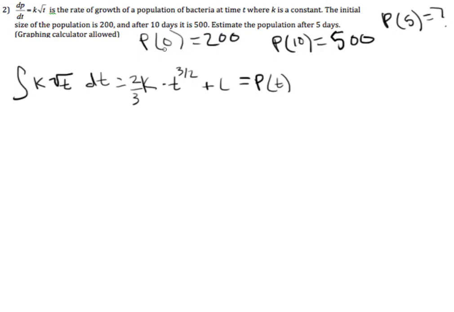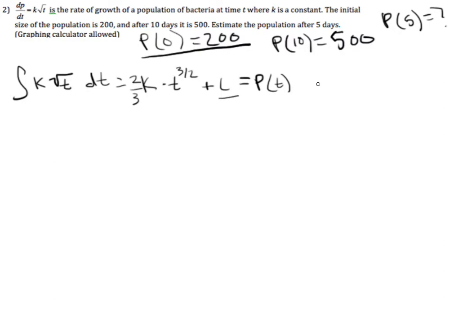So now, since we know that the population at time t equals 0 is 200, we actually don't even need to do any work to find our constant of integration, because if you were to substitute 0 in for t, it would make everything go away except for C, and you would get P(0).